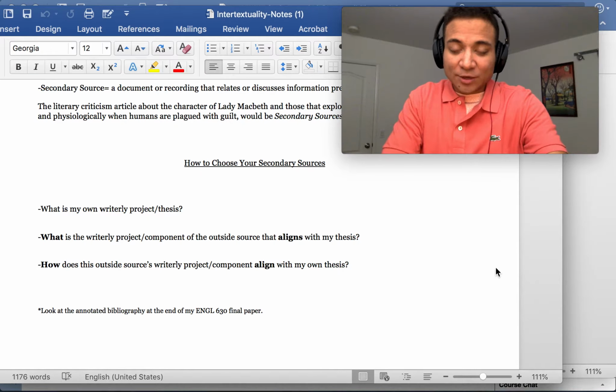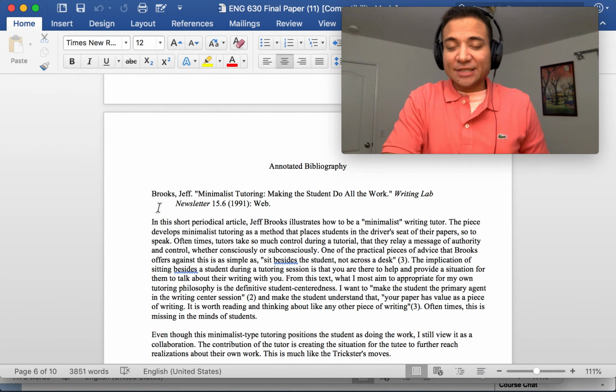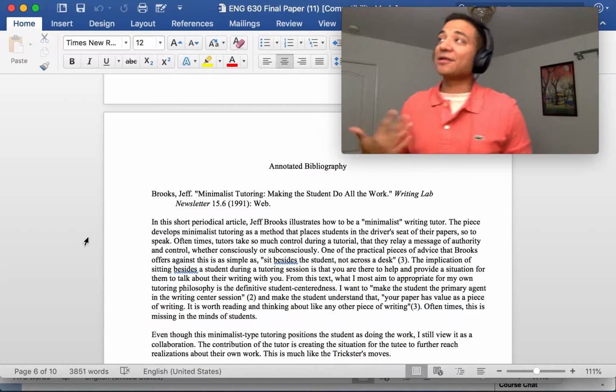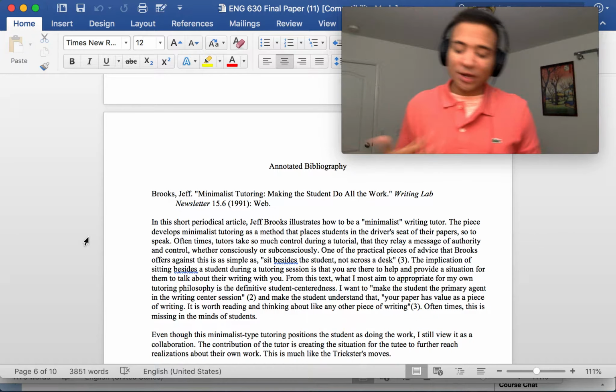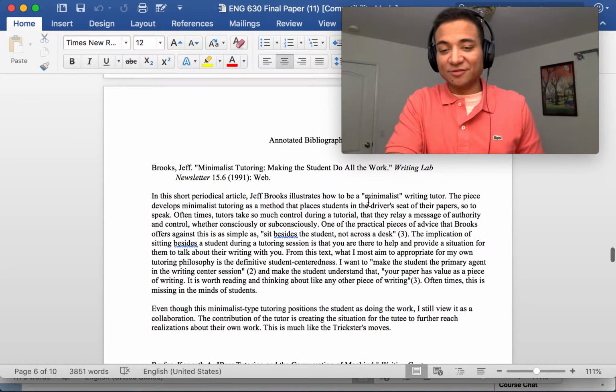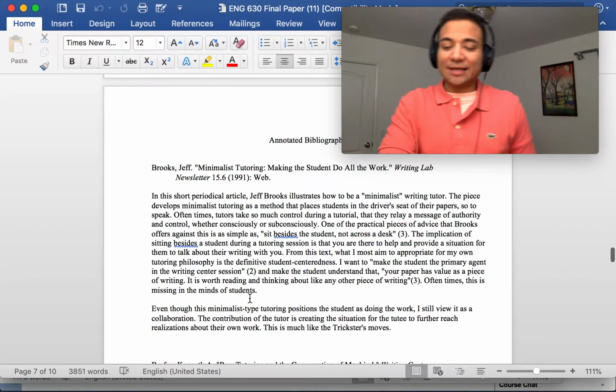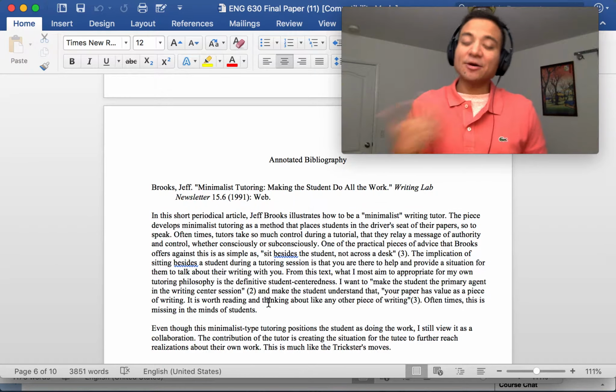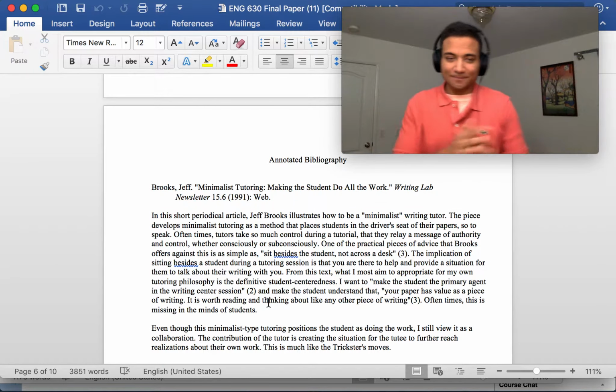Okay, so returning to my example of developing my pedagogy as a writing tutor, I do exactly that. Here's the project of the section that I'm looking at, and here's how it aligns with my own project. Okay, so just listen.